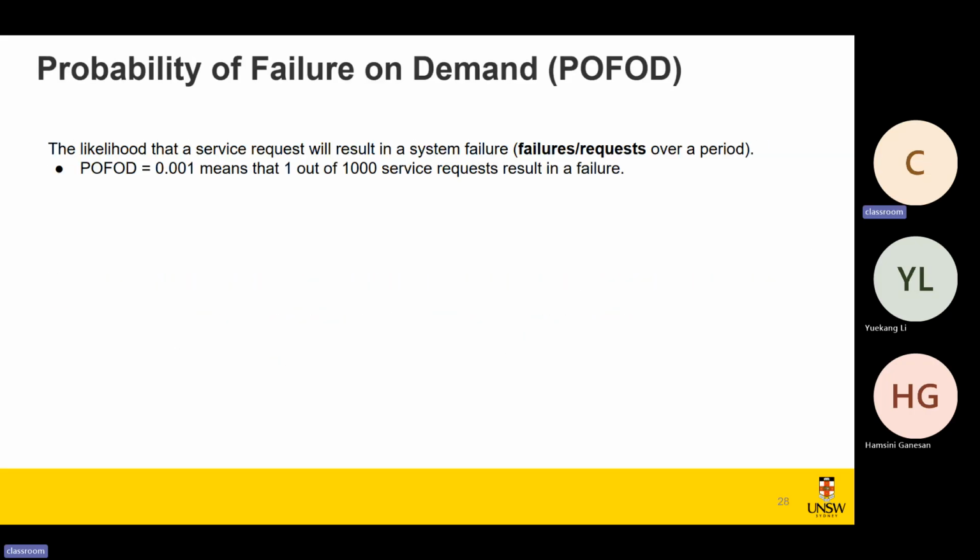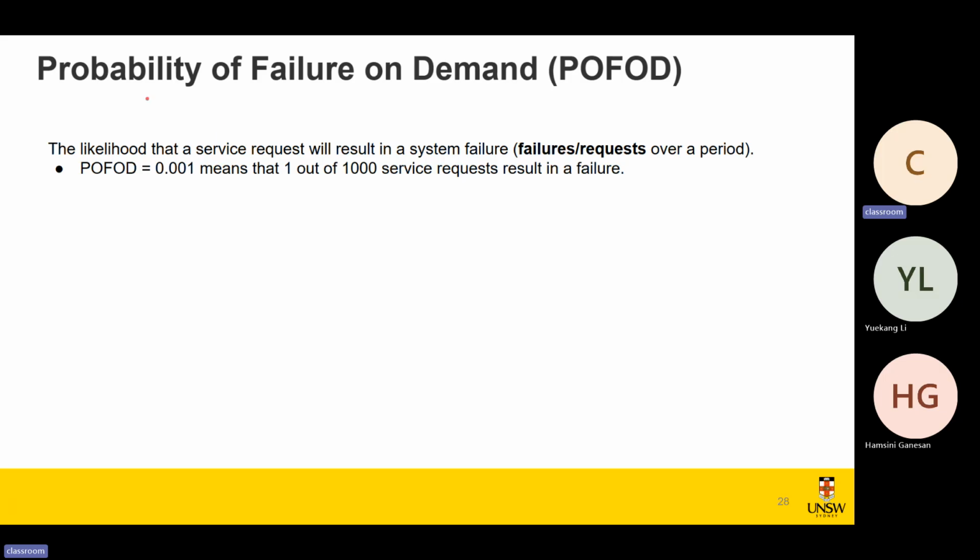The name of this metric is actually self-explanatory, so we know how to calculate the value of this metric from its name.